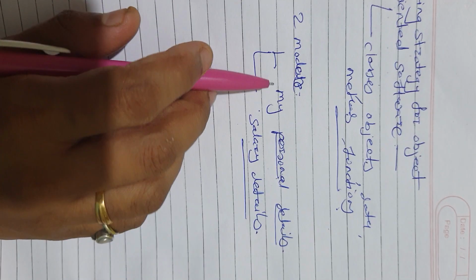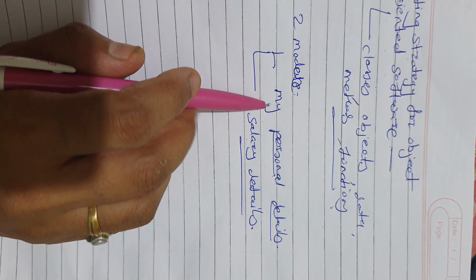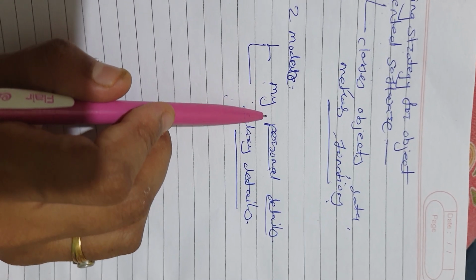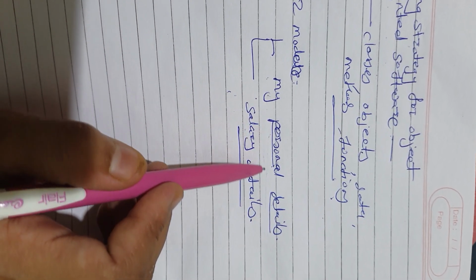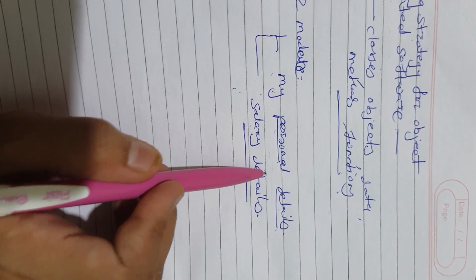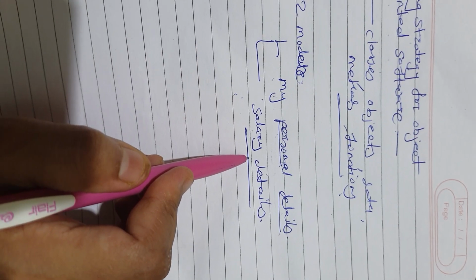Suppose I want to change some information or a single line of code in my personal details module, so it will affect the other module, that is, my salary details module.